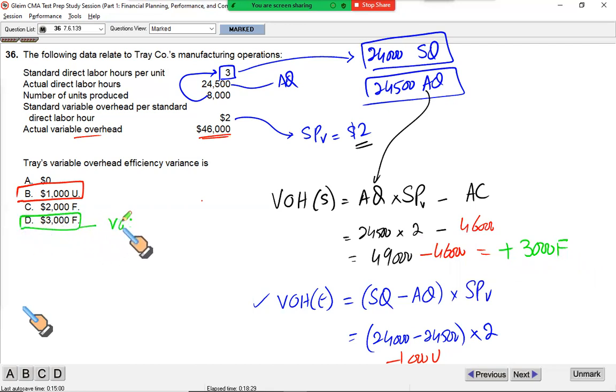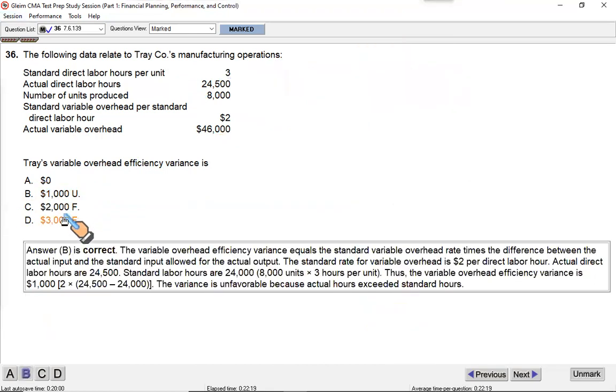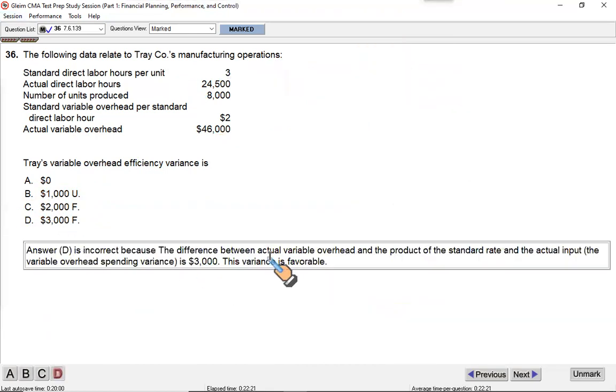This is the variable overhead spending variance, and the one we calculated above is the variable overhead efficiency variance, right? So right now, what the question says, we need to go for 1,000 because this is our efficiency variance. This 3,000 is the variable overhead spending variance. It is not required, it's not needed in this question.